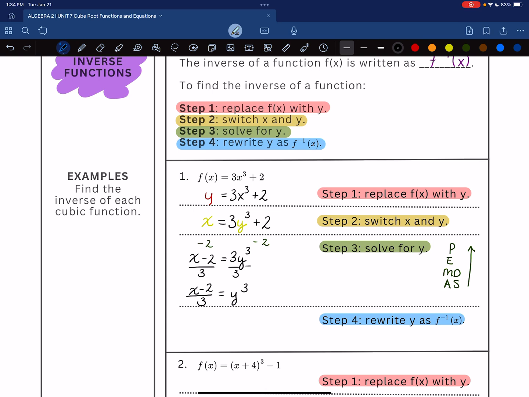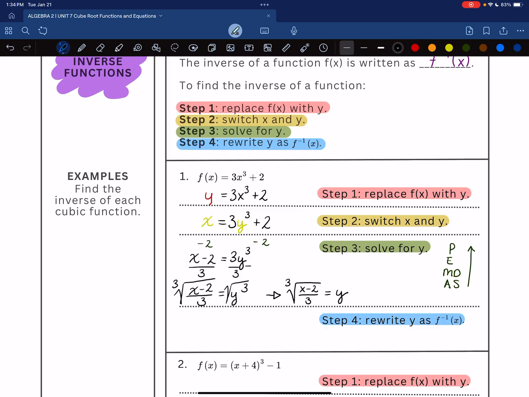The last step is going to be to undo the cube, and the inverse operation of cubing is to take each side and cube root it. That operation is the opposite operation of cubing, so it will cancel that out, and we will be left with the cube root of x minus 2 all over 3 equals y.